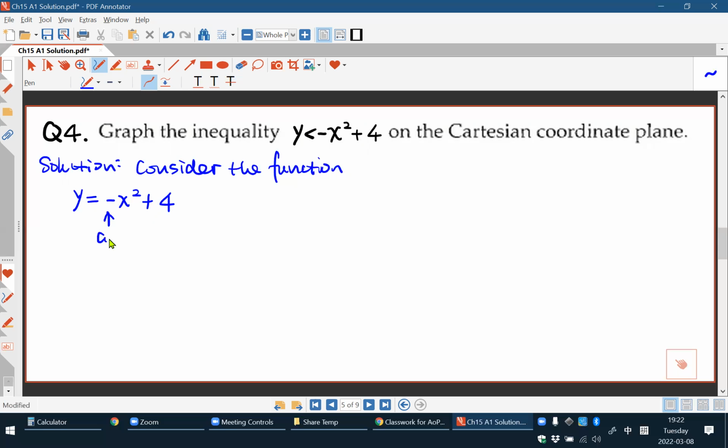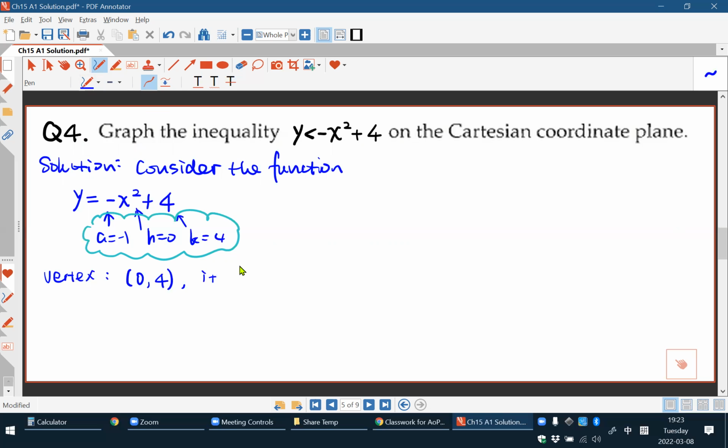So this is a, a is -1, and h is 0, and this is our k. k is 4. Of course, you don't have to write it here; this only helps you understand. Therefore, the vertex of this function is (0, 4). And note that the leading coefficient is negative, so this function opens down, right?